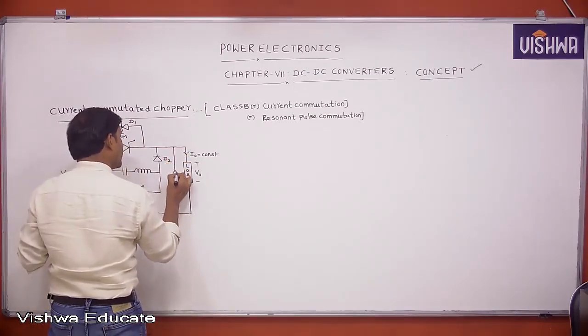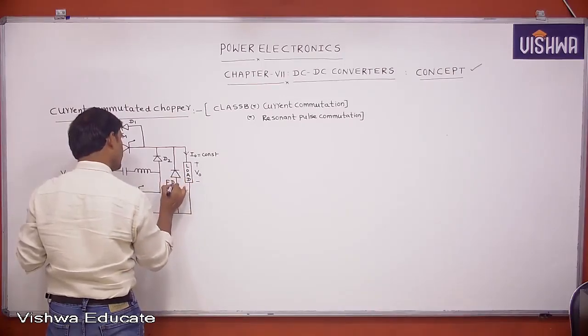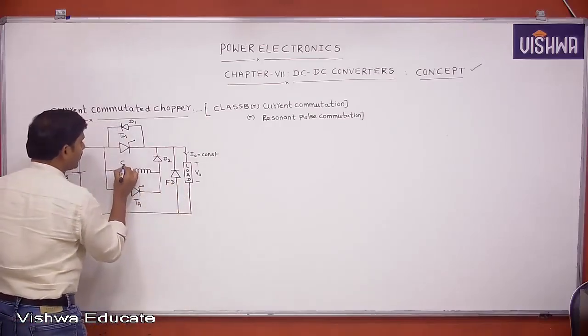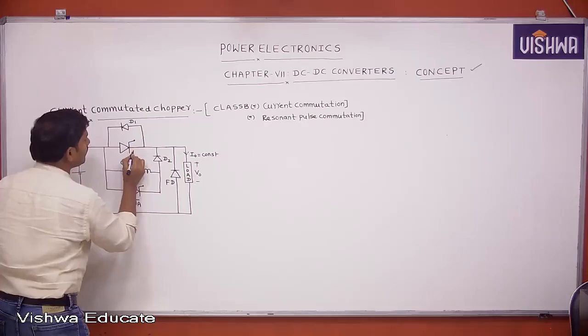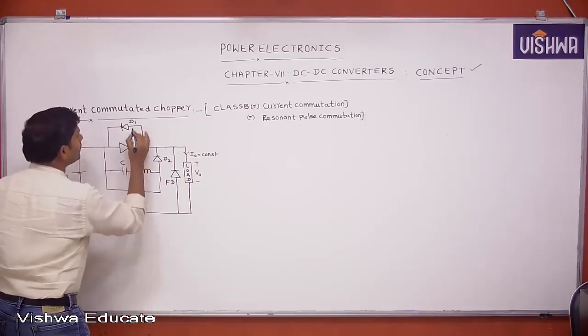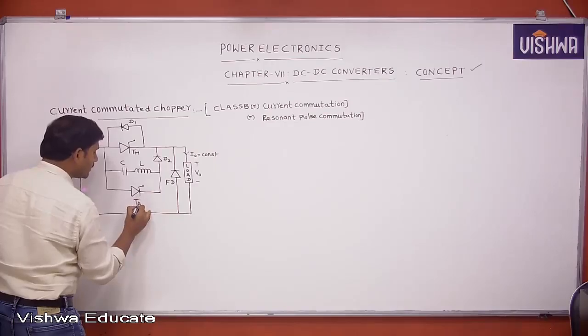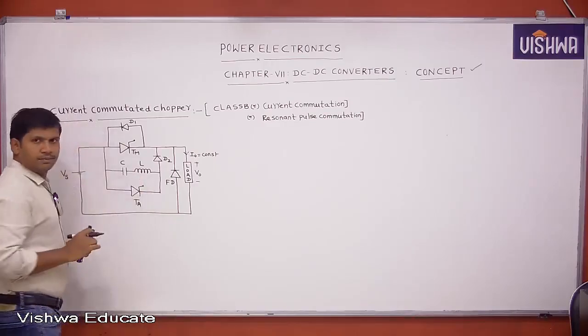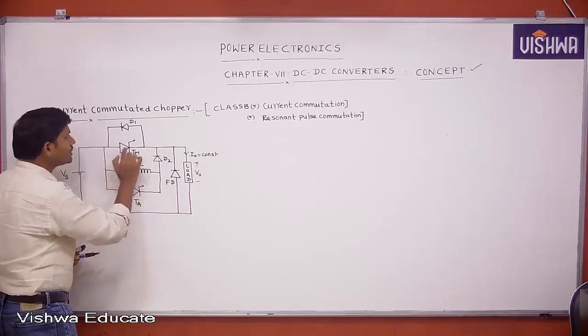Here we are connecting a freewheeling diode. Commutating capacitor, commutating inductor, and this is the main thyristor. This is the anti-parallel diode, this is D2 diode, and this is the auxiliary thyristor. This total circuit is nothing but a commutation circuit.